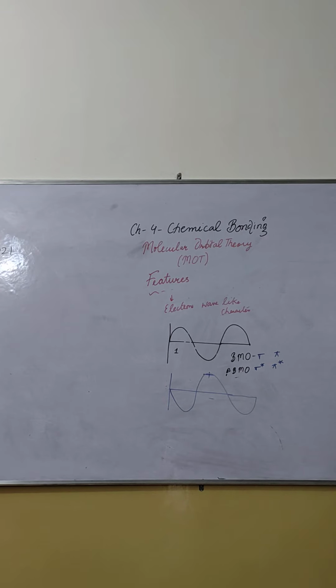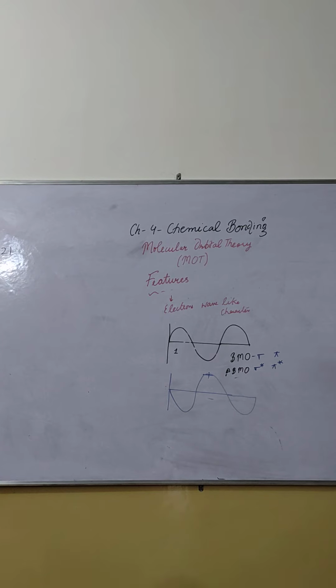Okay? Now, the shapes of the molecular orbitals. What will be their shape? It depends on the type of contributing atomic orbitals, either s, p or d. Likewise, we have already done. You remember electronic configuration also? Yes.